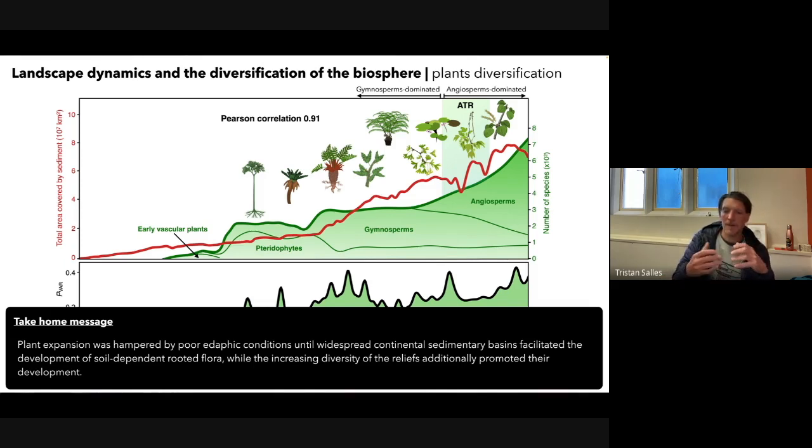And that land plant diversity is in fact going to start when a large portion of sediments is able to accumulate on the continent. And so what we think overall is that the physiography changes determine the carrying capacity of both ocean and continents.